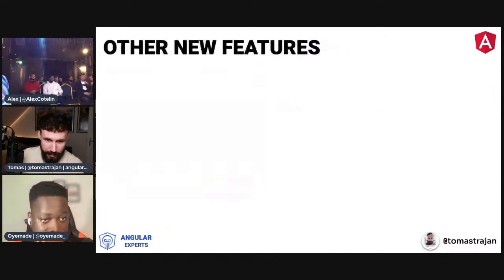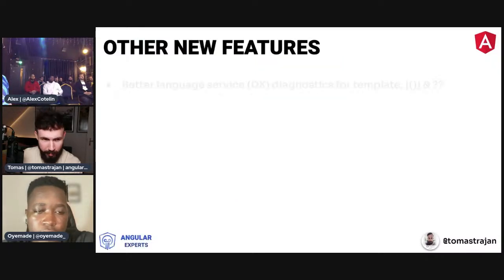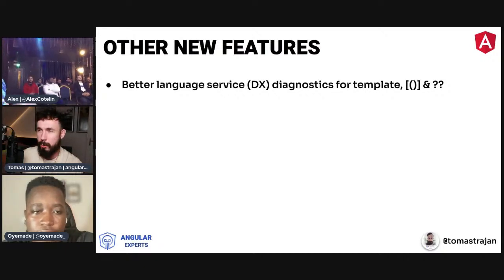All right. So now other features, we will just quickly go through a list because they are not as important or not as impactful. There have been improvements to the language service, which is the thing which usually runs in your editor like VS Code or IntelliJ WebStorm or IDEA, which gives you hints in the template.